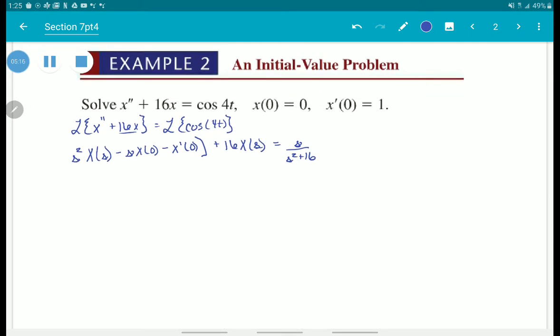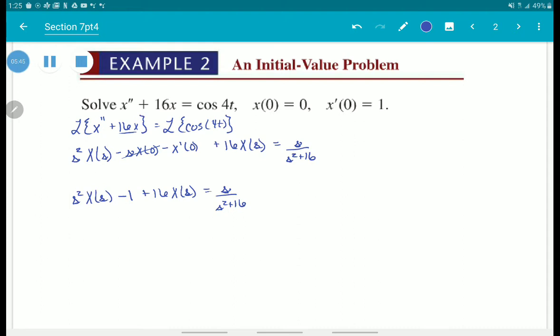So let's simplify this a little bit. If we were to plug those initial conditions in, x of 0 is 0, so that term's gone. This is just going to be a 1. So let's rewrite. So now we have that.